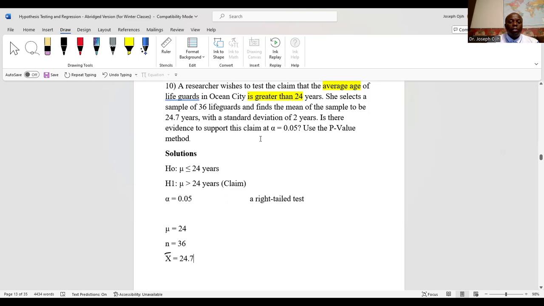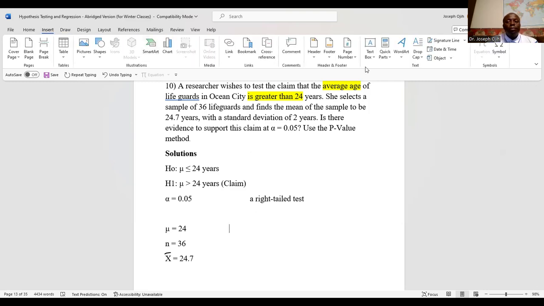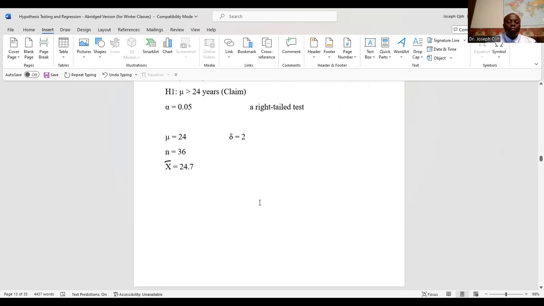Now, the standard deviation of the population is 2 years. So I'm going to put the standard deviation here, which is sigma, equal to 2 years. With this, we can now run the test.